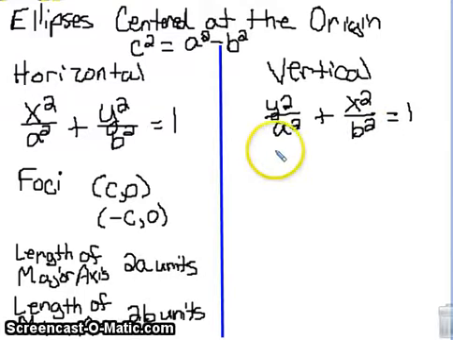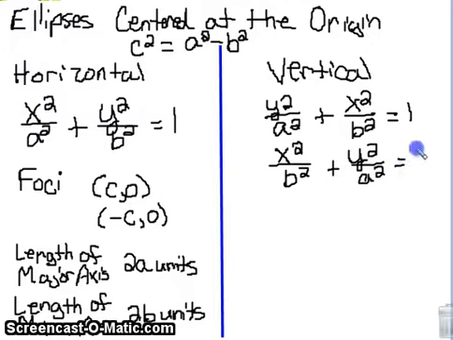Or some people do write x squared over b squared plus y squared over a squared equals 1. What property allows us to say either of those is correct? Commutative property of addition. Very good.